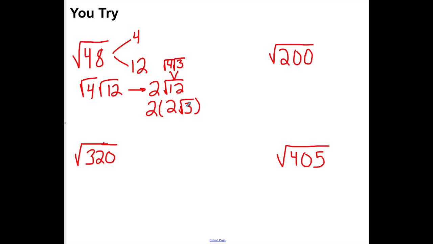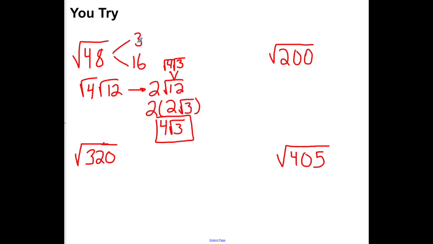Now, what do we do with the 2's? Well, the numbers outside of the root can be multiplied as usual. So I'll take 2 times 2, which is 4, and I end up with 4 times the square root of 3. The reason we needed multiple steps is because there was a bigger perfect square we could have chosen. Another combination you could have seen is that 16 times 3 is also 48.